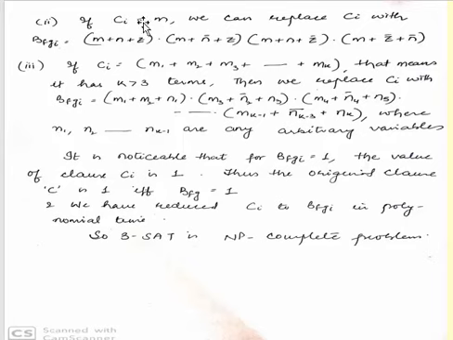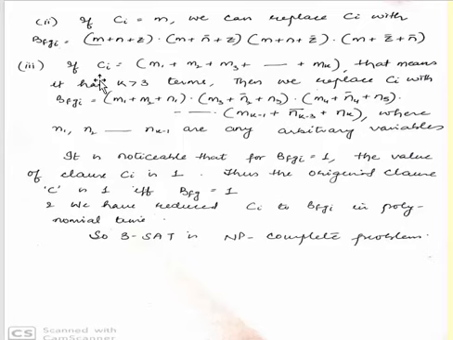So here I had taken this formula that was in CNF and I have reduced that to 3 SAT, because each clause has 3 literals. So I have reduced that to 3 SAT in polynomial time.